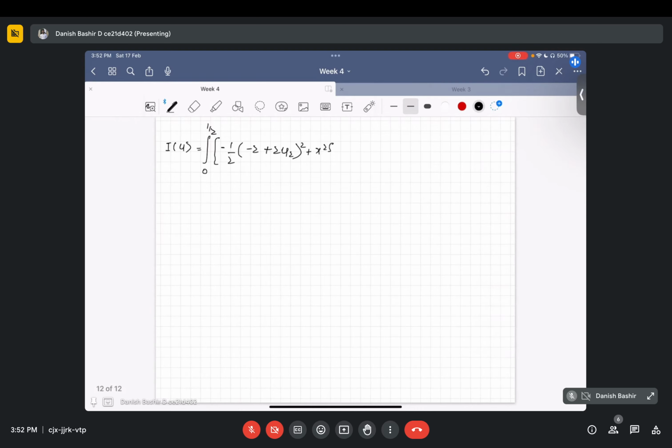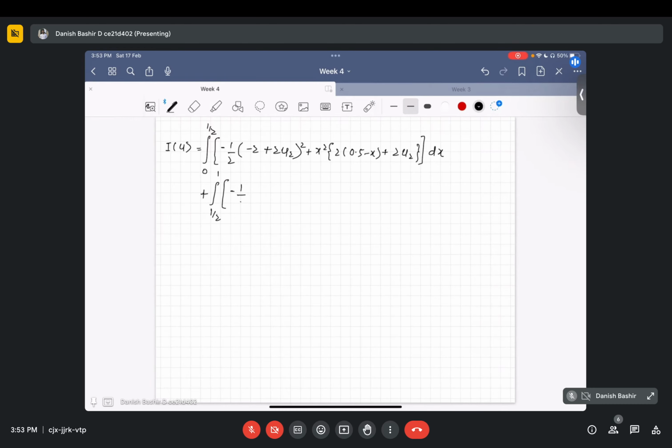So u of x for the first element is twice (0.5 minus x) plus twice u2, dx, then plus the integral from 1 by 2 to 1 for the second element.